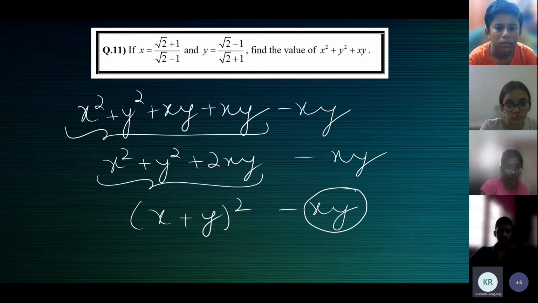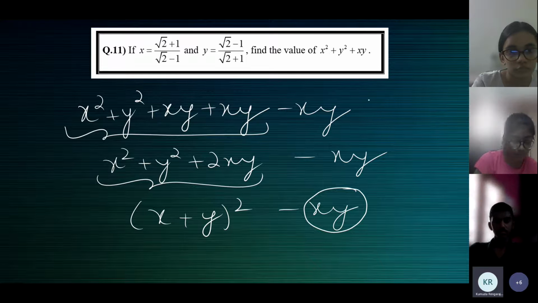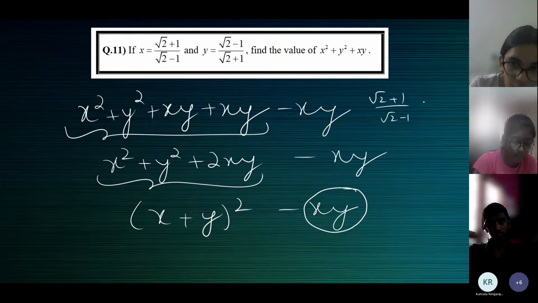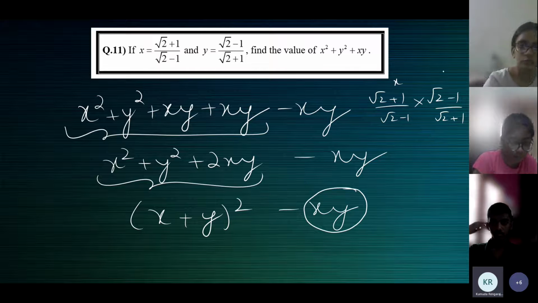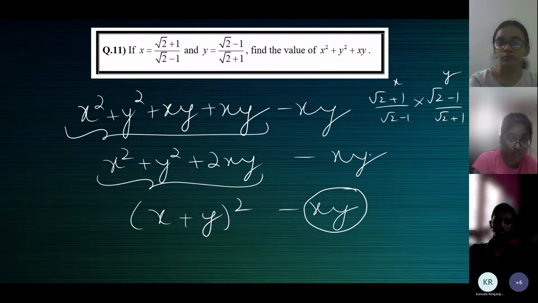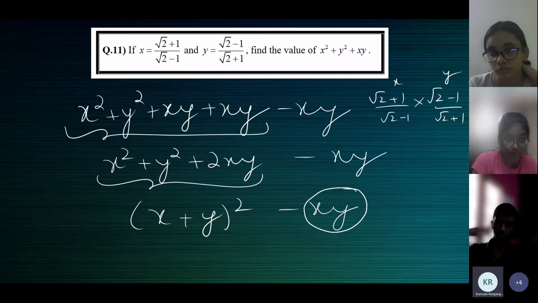You can see here x into y. What will you get when you multiply x and y? Root 2 plus 1. Since it's the reciprocal, we'll get only 1. I'm just telling you a very short method. When you multiply an expression and its reciprocal, you will get the product as 1.